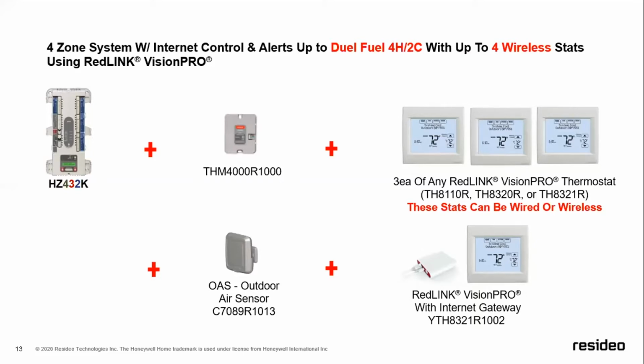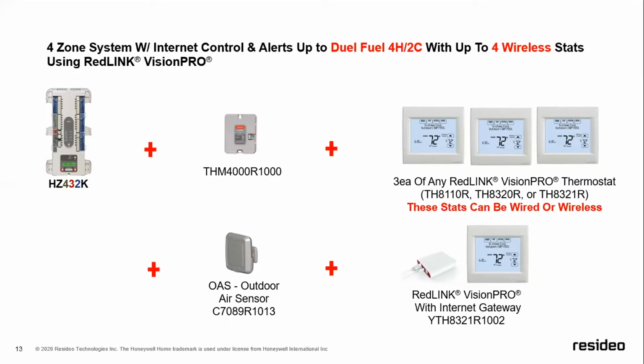Now here's the thing about it. The RedLINK gateway that you see in the bottom right-hand corner of the screen is going to talk not only to all 4 thermostats, but if all 4 of those thermostats are communicating with the wireless adapter, you've only used up 1 channel of 4 channels that are available in that particular gateway.